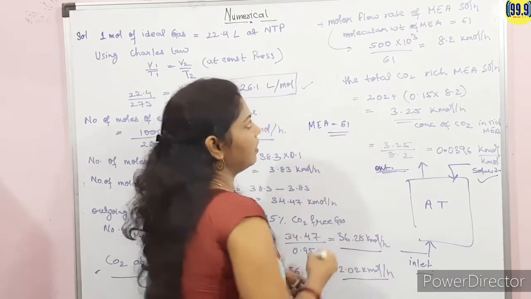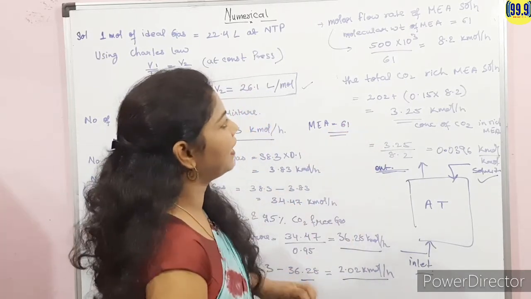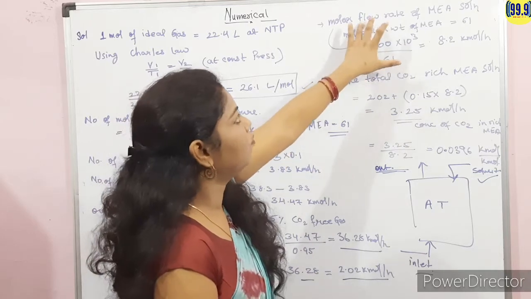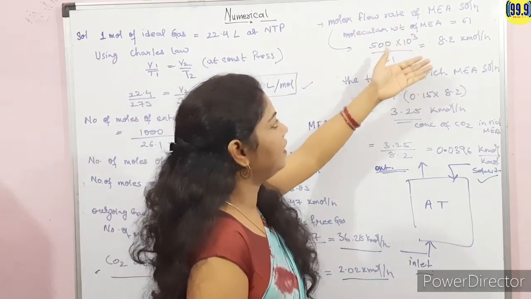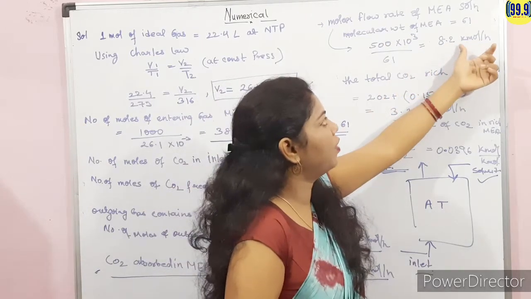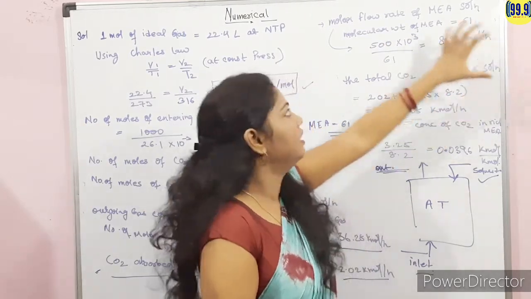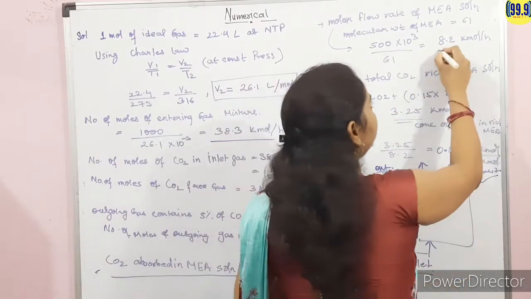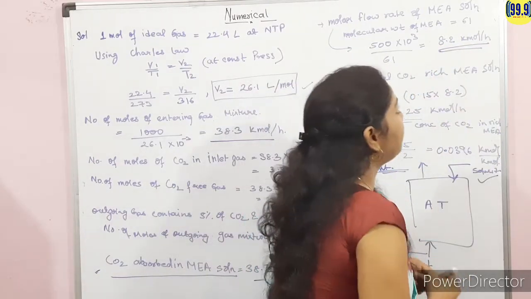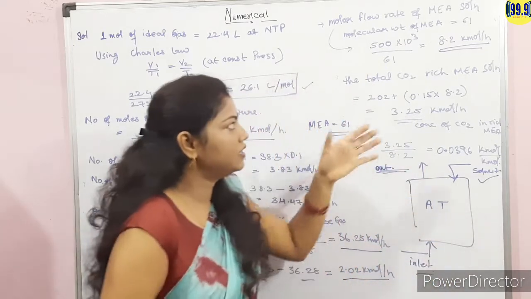So simply dividing by the molecular weight, we get the molar flow rate, that is 8.2 kilomole per hour. So 8.2 is the molar flow rate of the MEA solution.